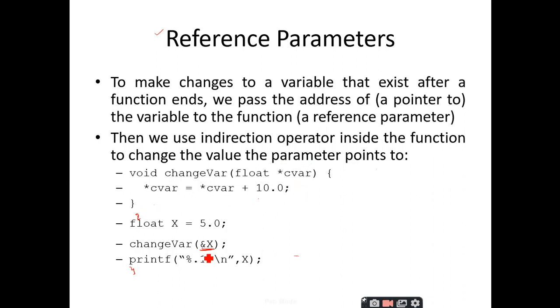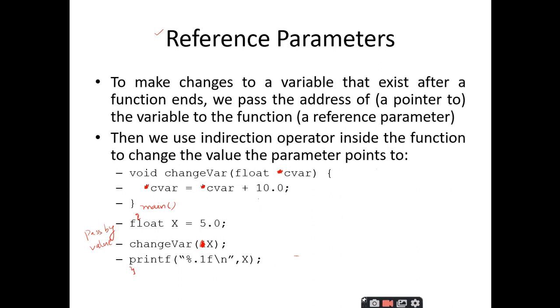Yes, sir. Now let us look at another example. Now let us see this example, same example with pass by value. Previously I have used the pass by address where I am able to modify the actual variable value by making use of the formal parameters.